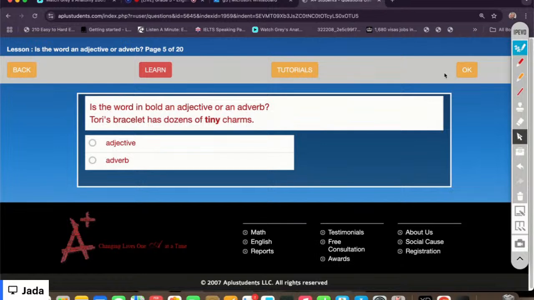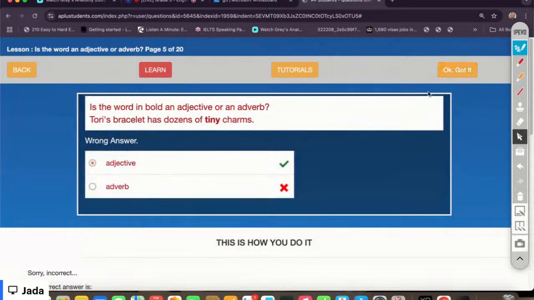Adjective or adverb? Okay, so adverb. So that's an adjective, tiny.